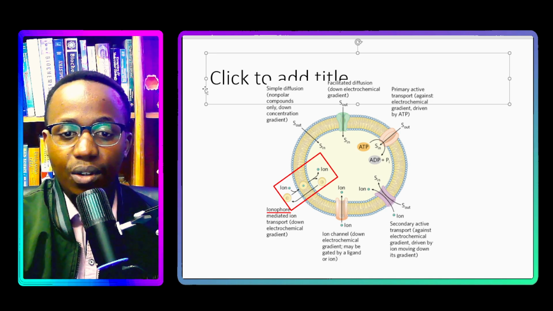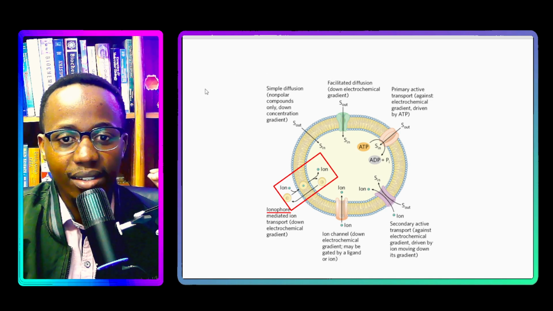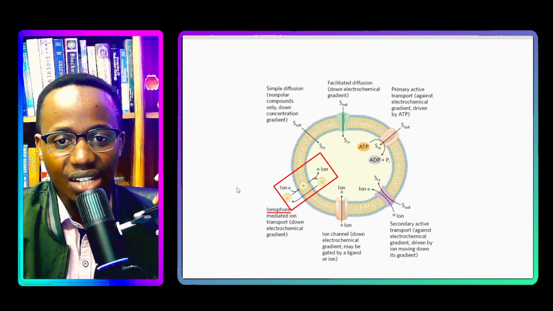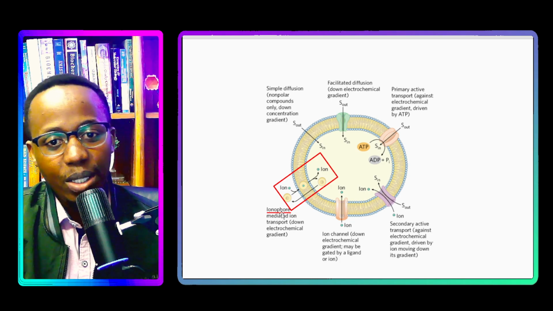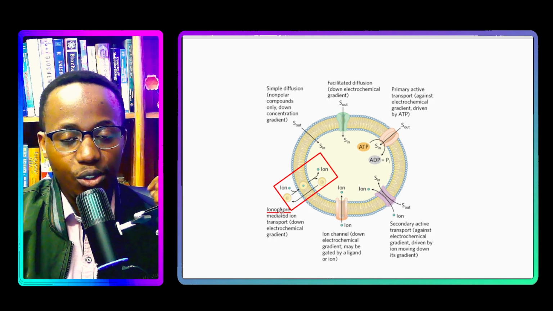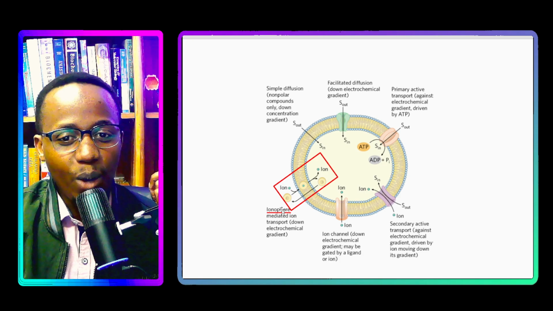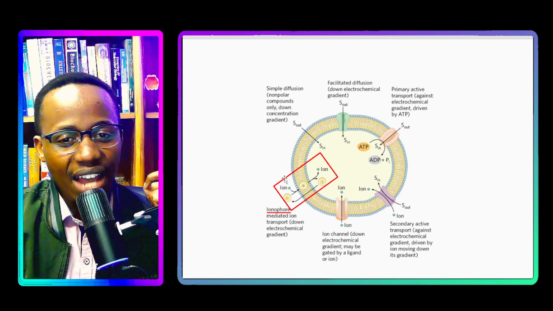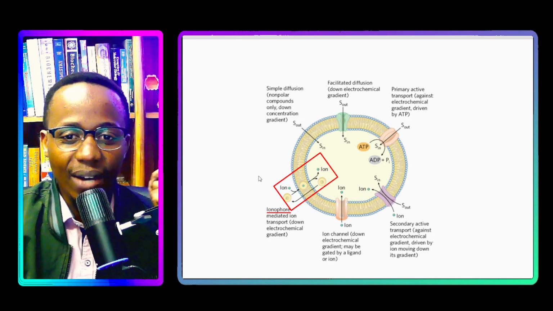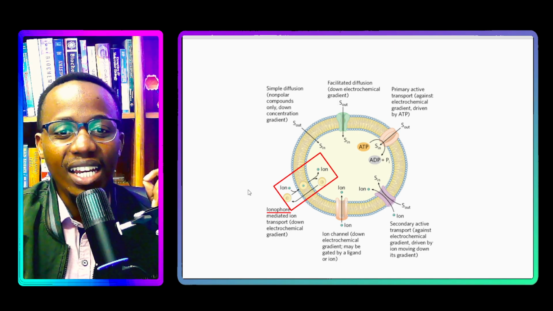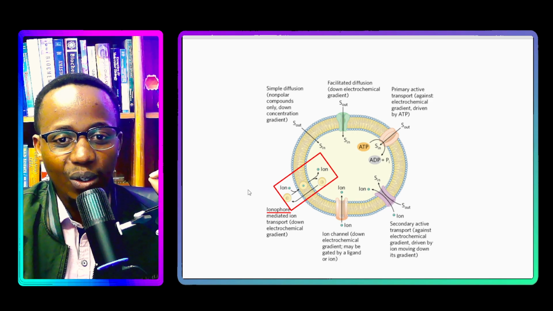Another type of transport is an ionophore. Ionophore transport. This is an interesting one. It's less common, but it happens. To transport something across the membrane, well, if an ion doesn't have a specific transporter, how does it go through the membrane? Sometimes it can hitch a ride on something called an ionophore.